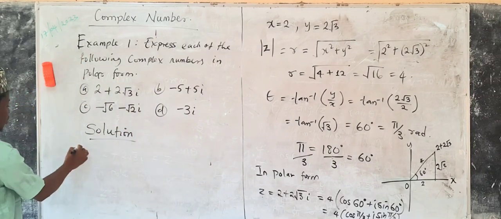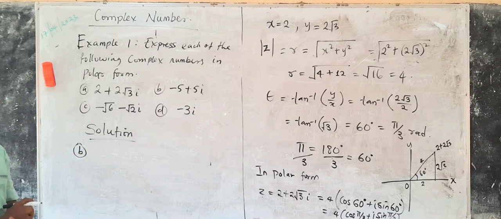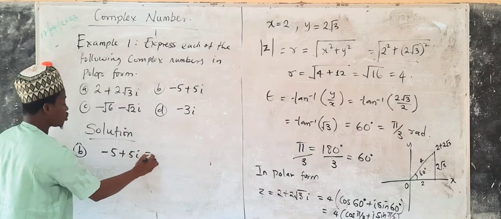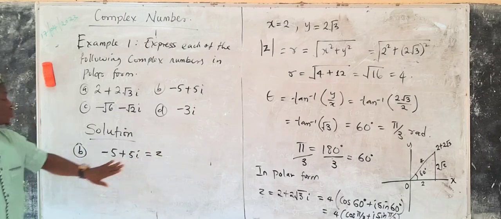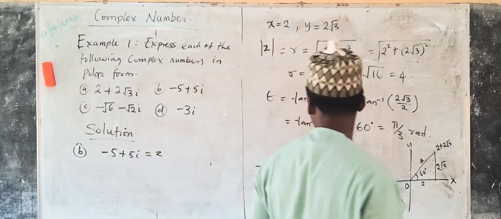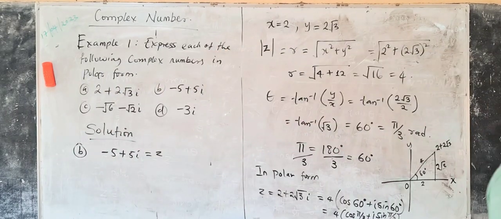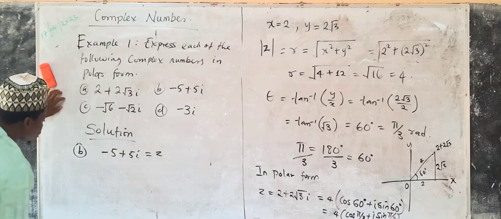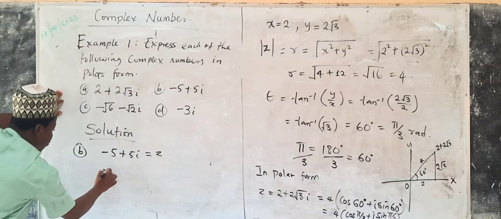Now for the B part, we have minus 5 plus 5i, which is equal to Z. This is the Cartesian form, right? So now we need to find the modulus and the argument of the complex number. What is the value of x here?